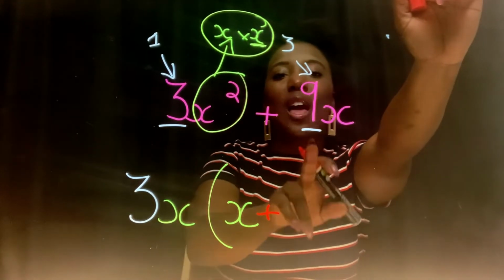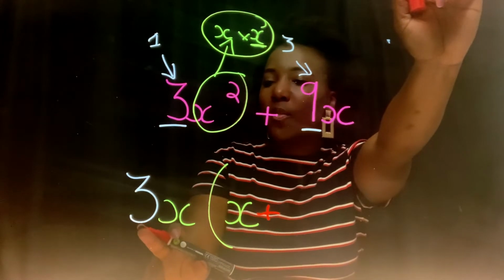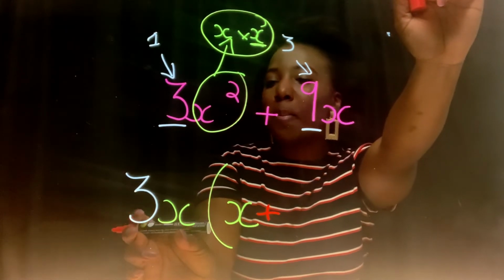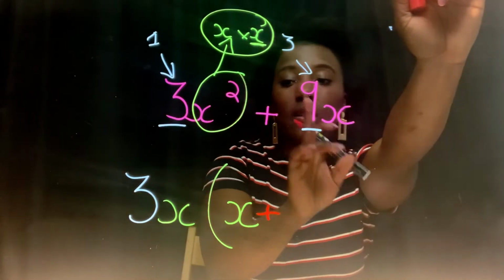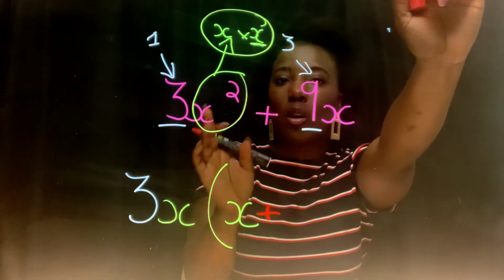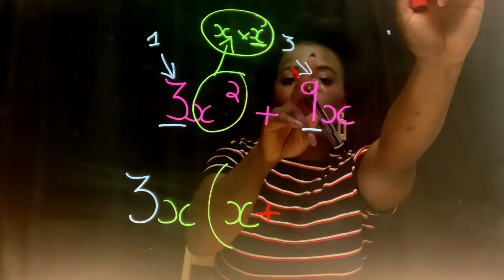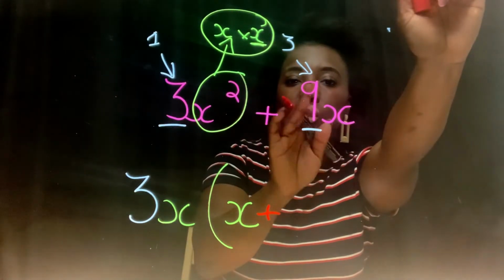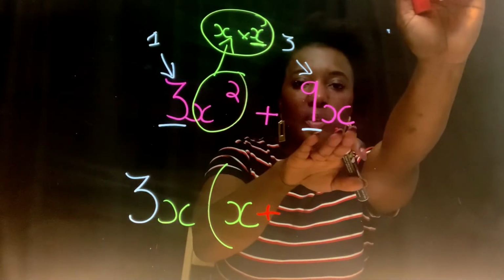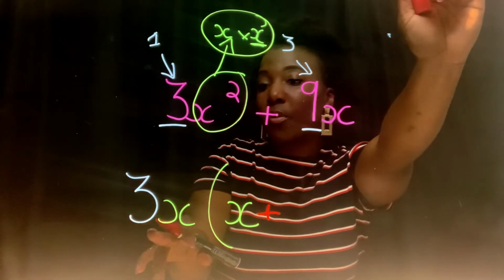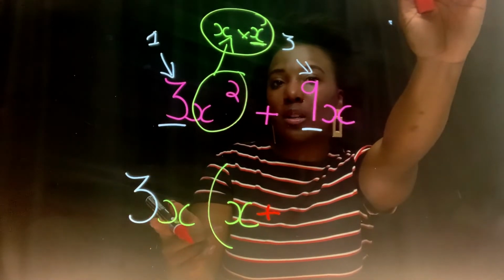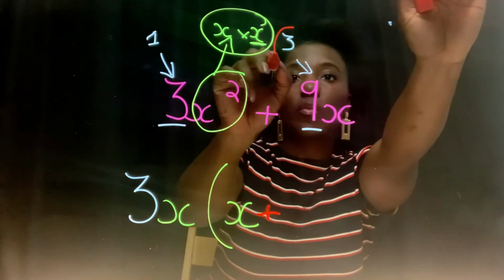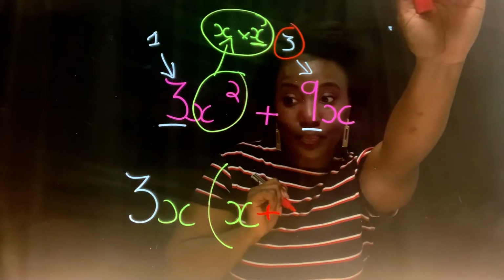And now we're going to look at the 9x. I've got 3x. What do I multiply by 3x to give me 9x? So this is like saying I have got 9 lots of 97s. I've got 3 lots of 97s. If I want to get 9 lots of 97s, what do I need to multiply it by? 3.